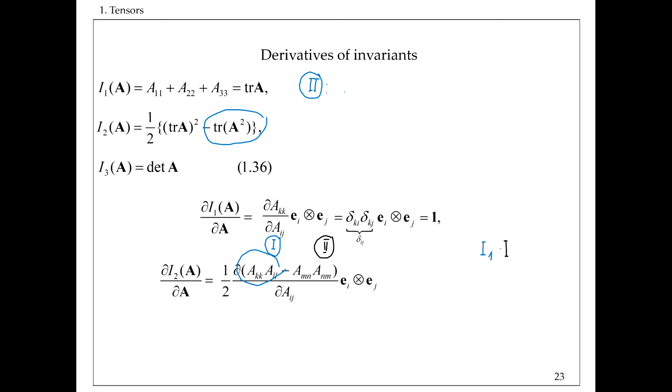And so we have here two things. I just write it. We need to take the derivative of amn with respect to daij, and again we have here two terms.